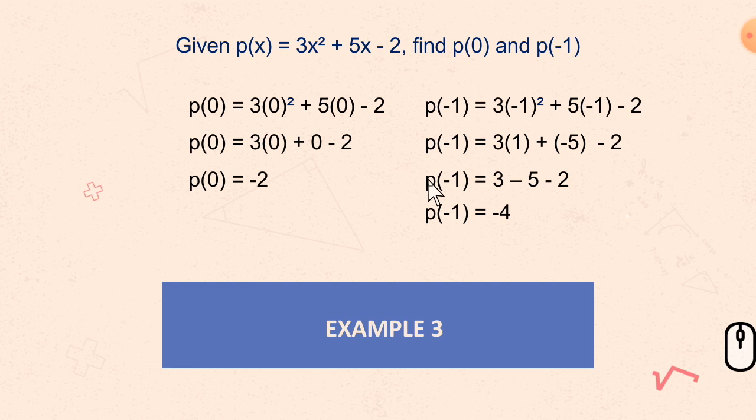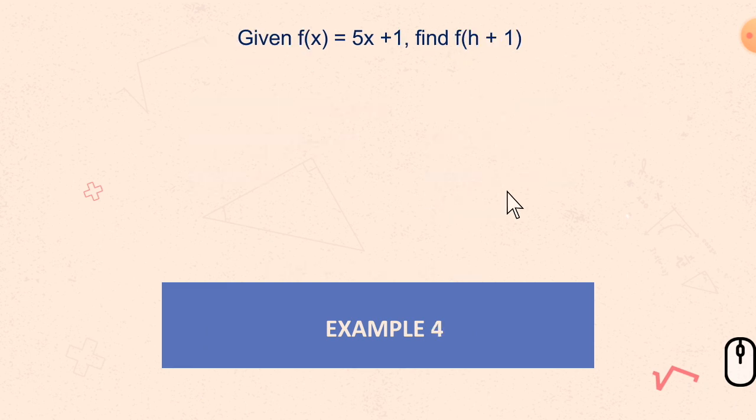Ang unahin natin dito is 3 minus 5 bago dun sa kabila. So, 3 minus 5 is negative 2. Negative 2 minus 2 is negative 4. Therefore, the answer is P of 0 is equal to negative 2 and P of negative 1 is negative 4.